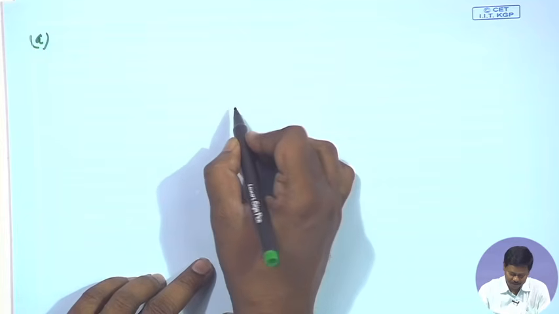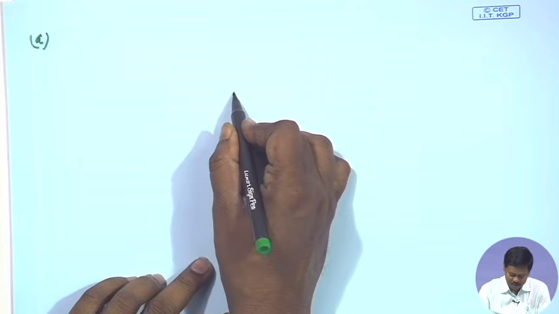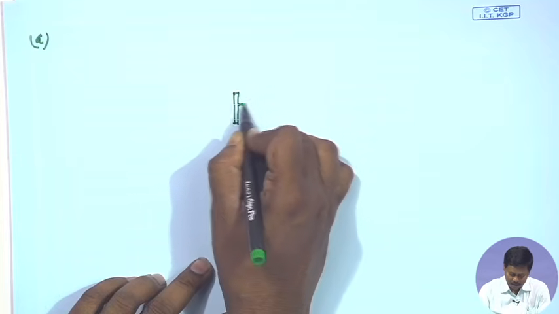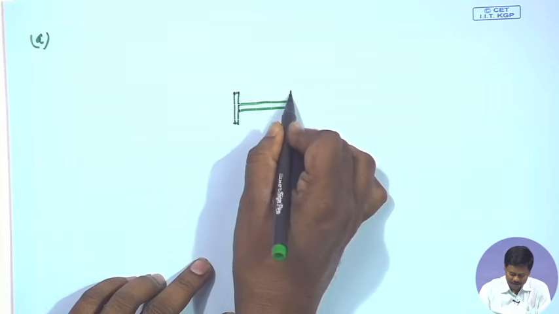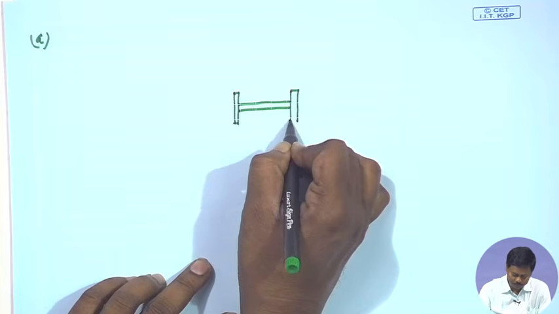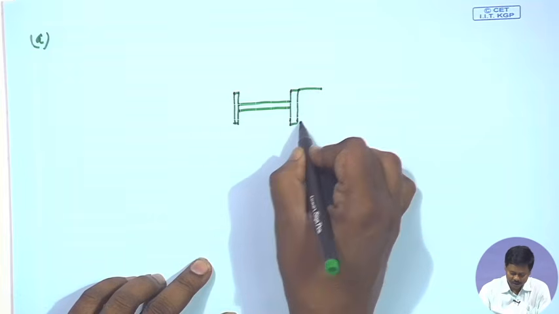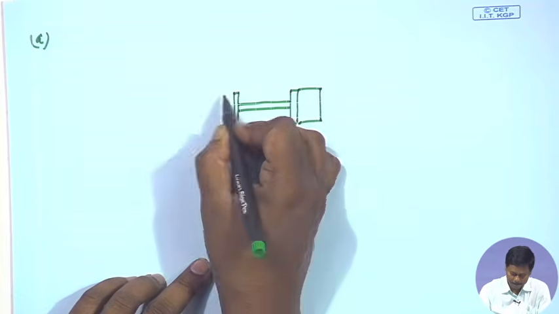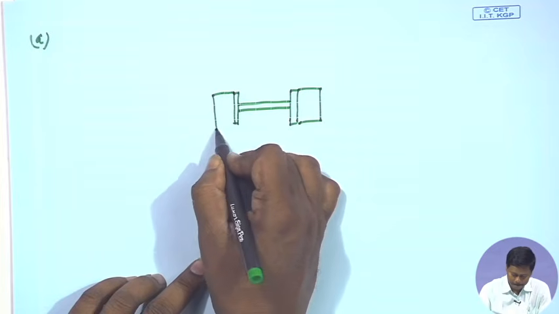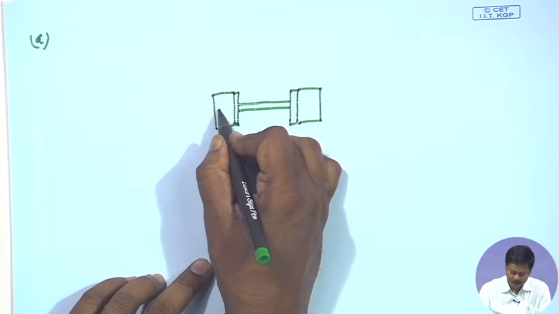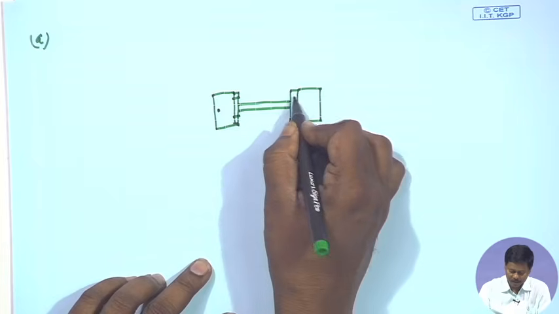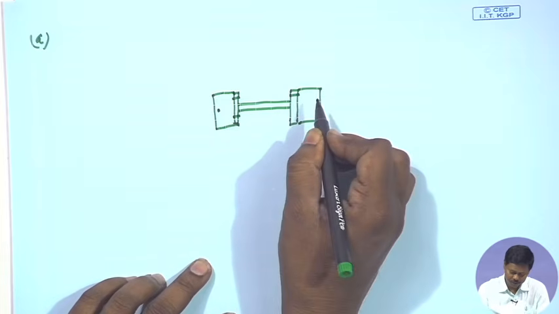So, if we see in the plan, the design will be like this. So, this is the I section, and we have provided a nominal size of the cleat angle, right, and a nominal number of bolts also we can provide.